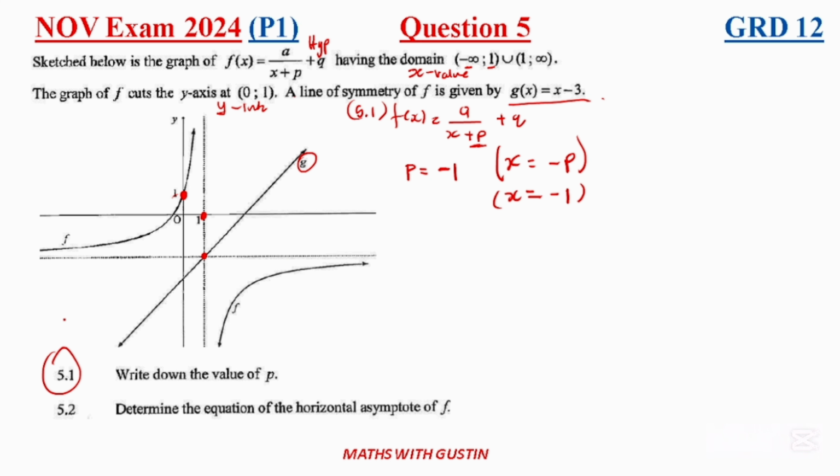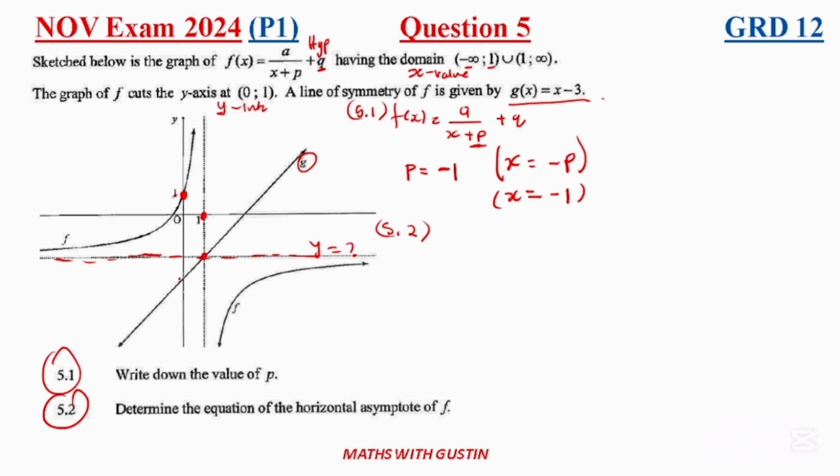All right, so now let's move on. 5.2, determine the equation of the horizontal asymptote. So now they want us to find the equation of the horizontal asymptote, which is this line here. Under normal circumstances the horizontal asymptote will be given by q, but here we don't have the q.